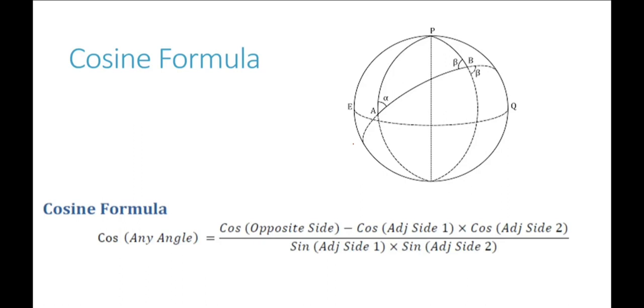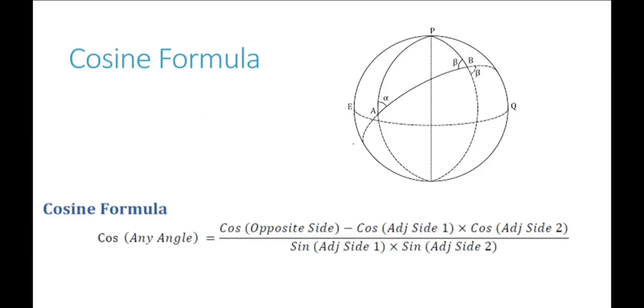Okay, very good. So that is the difference between a plane triangle and a spherical triangle. Now solving the spherical triangle means that out of these 6 parts, if some of the parts are known to us, let us say I know all the 3 sides, then using these formulas, I can calculate the unknown parts of the triangle.